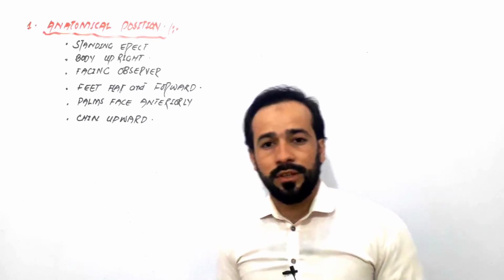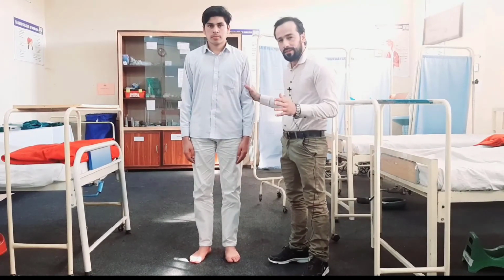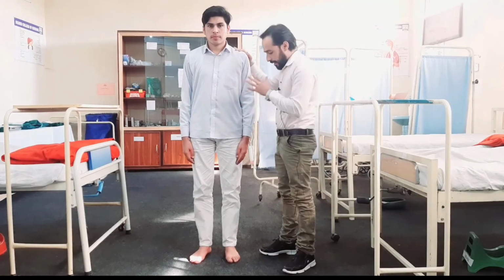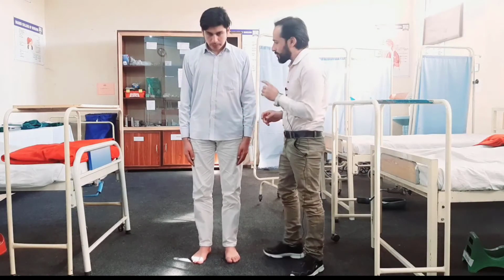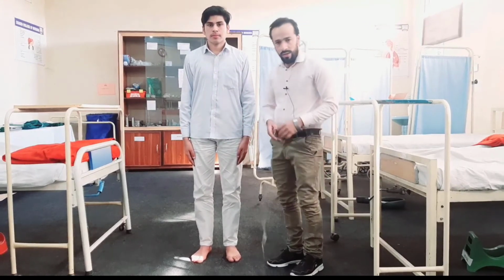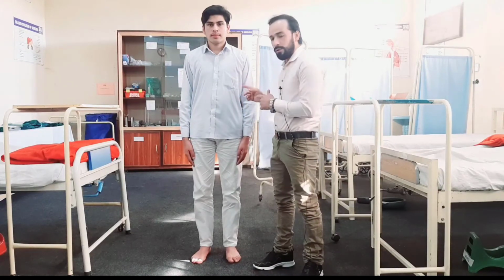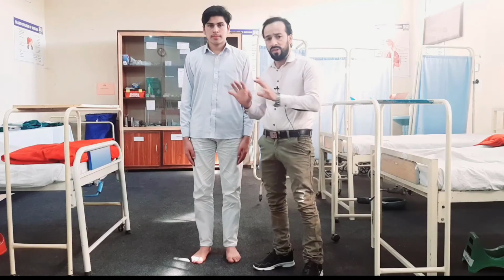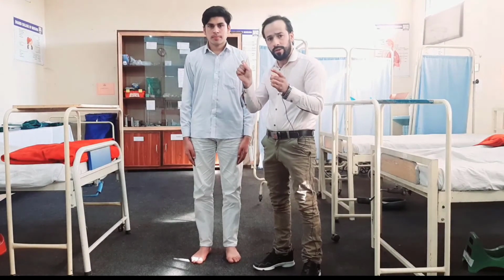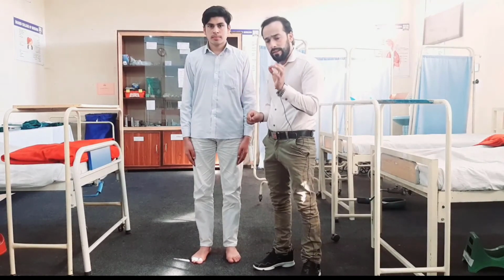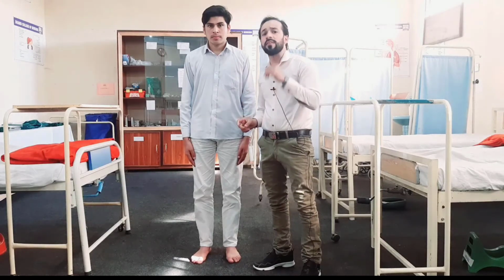Let's go for the practical. Hello dear friends, let's see the anatomical position practically. Here's my friend. I want him to stand in anatomical position. First of all, he should face himself towards the person who asks him. As I told you in the lecture while writing on the whiteboard, while standing in anatomical position, you have to face the observer.